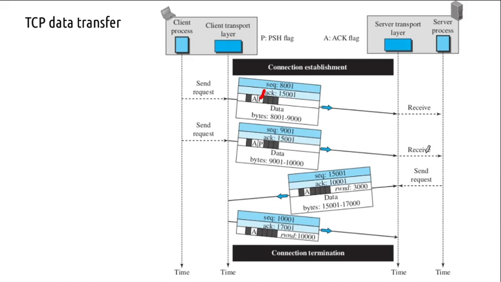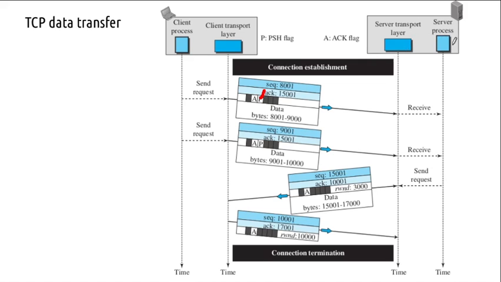The server transport layer, when receiving this, will see that the push flag has been set. It won't wait for any remaining bytes to come in. It understands that these 10 bytes sent by the client application layer process have to be immediately sent to the server side application process.